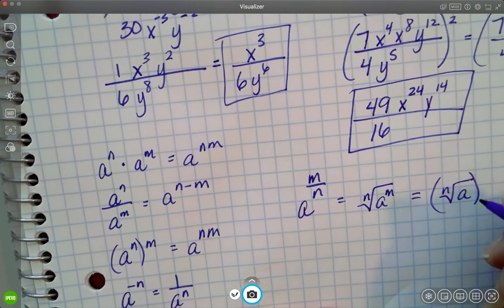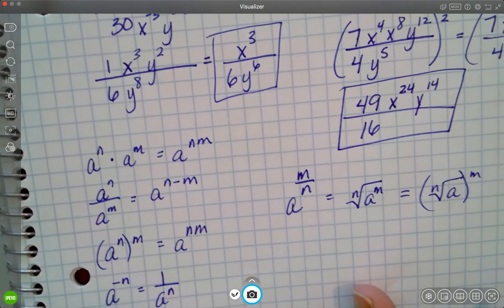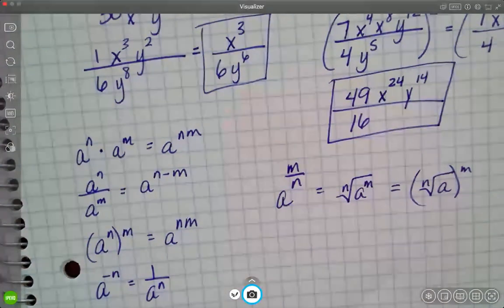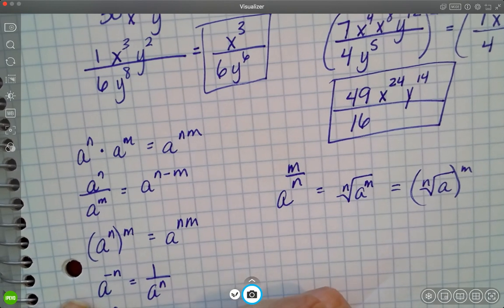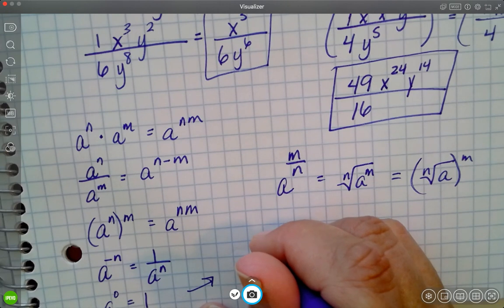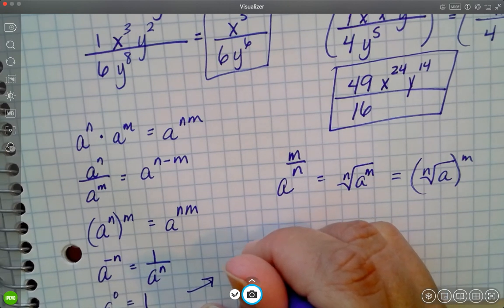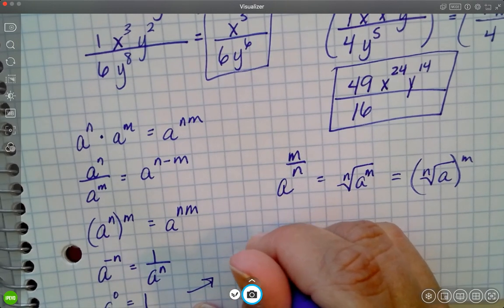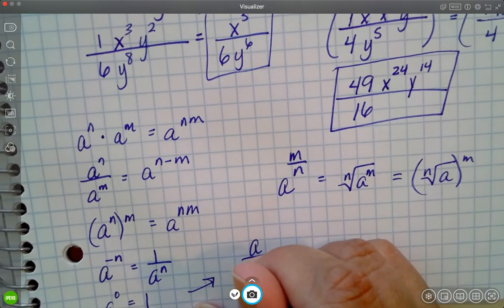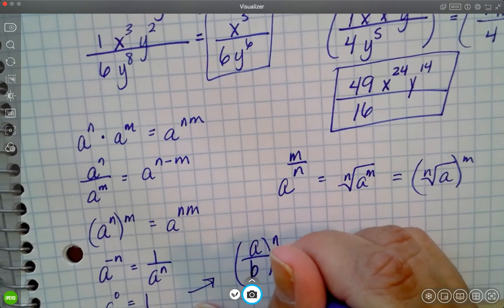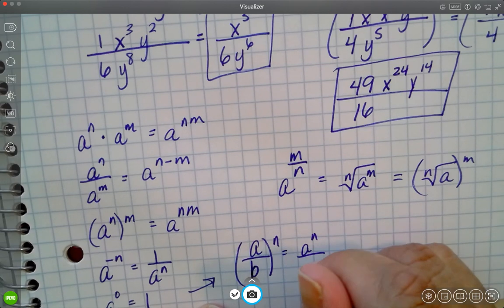So those are the same thing. And those are sort of the new rules. Oh, another rule that you knew from Algebra is if you had a over b to the n power, it's like a to the n over b to the n.